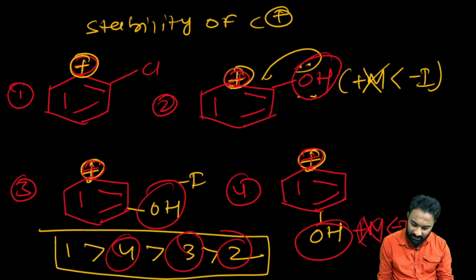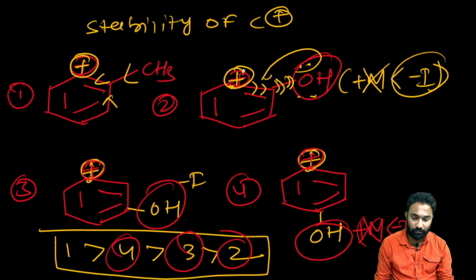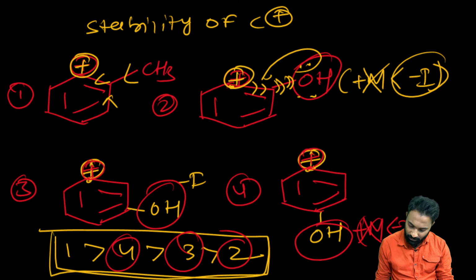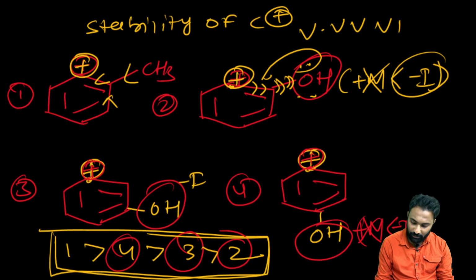This is CH3. Due to the inductive effect, it will pull the electrons towards itself, right? Now this OH will pull the electrons towards itself due to the minus I, but with the plus M it is not able to give. Done? Clear? That's the reason, 1432. This is a very, very important molecule, so you have to be very careful.